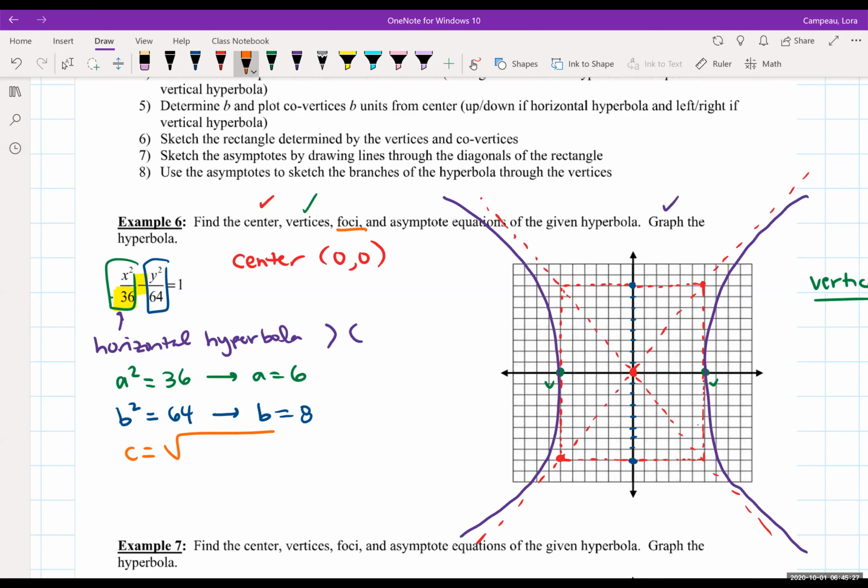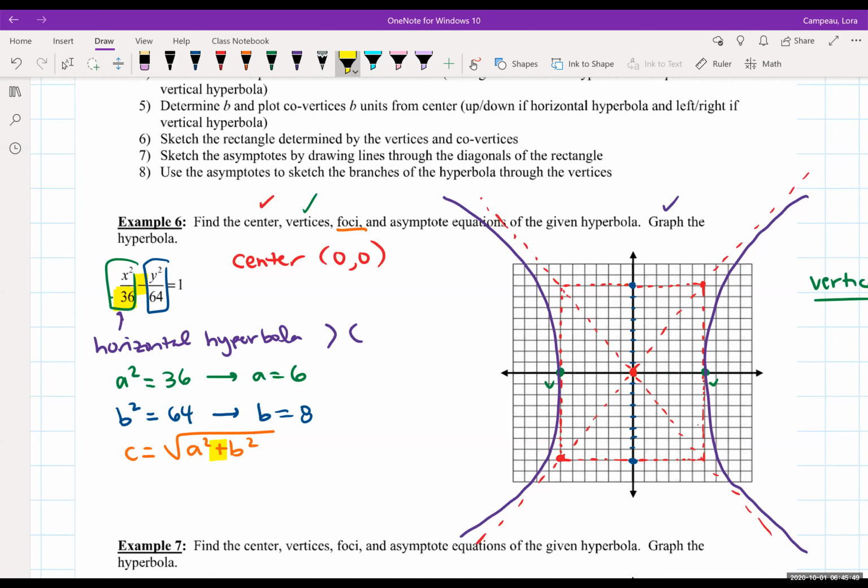C equals square root of a squared plus b squared. You guys notice how similar it is to an ellipse, except that the sign is plus this time. So notice it's kind of switched: the hyperbola equation has a minus in it, but the foci formula has a plus, and then when it's an ellipse, it's the other way around.